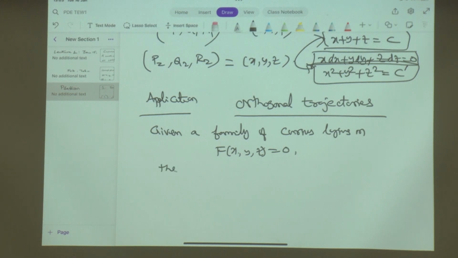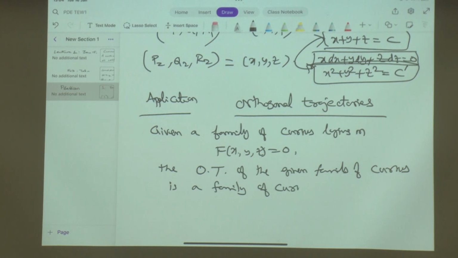The orthogonal trajectories, we normally write OT, of the given family of curves is once again a family of curves which lies on the surface and is orthogonal to the given family.